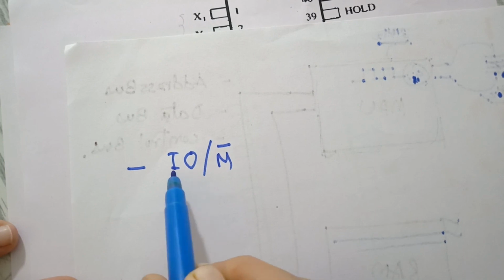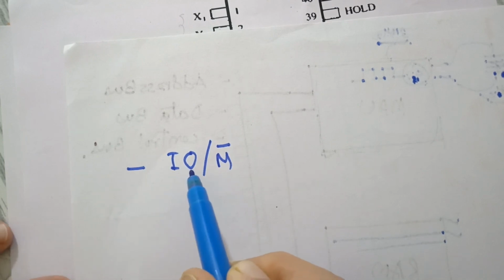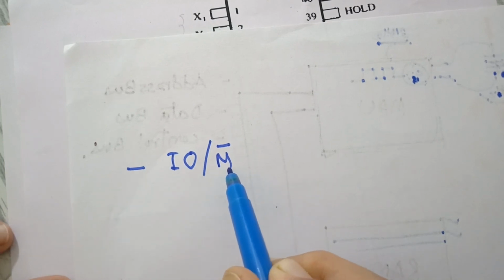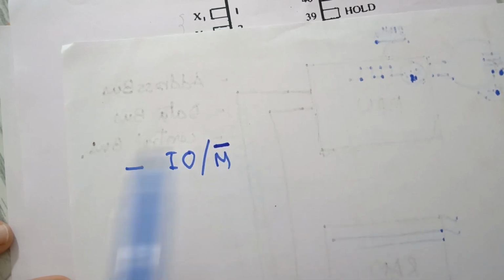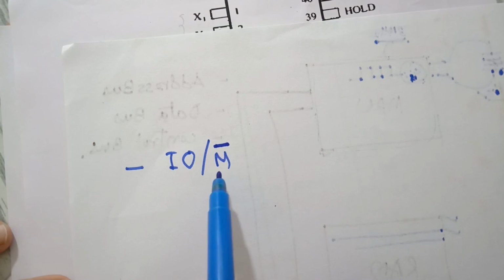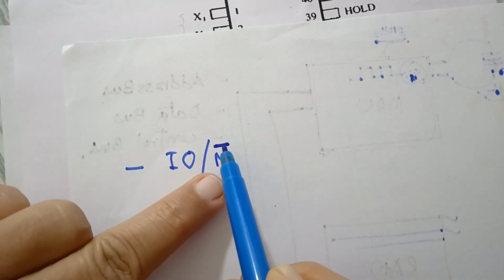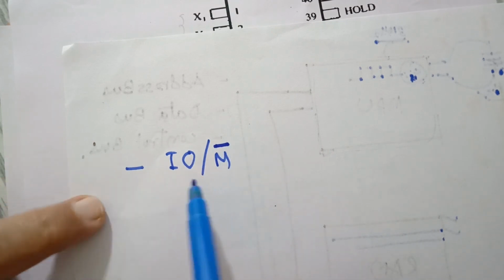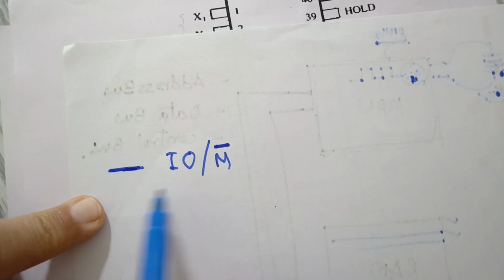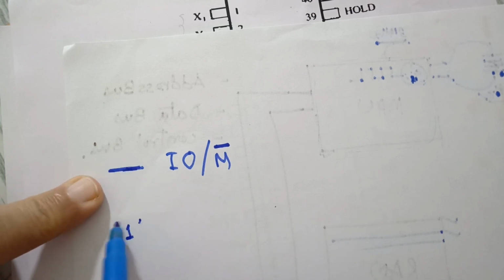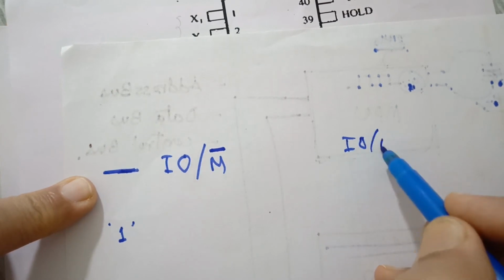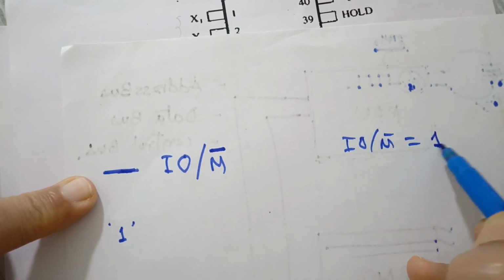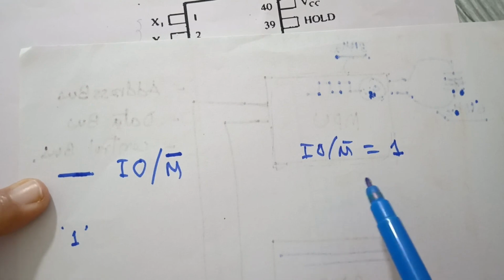You see the name: IO stands for input output, and M stands for memory, and a bar is on M. And just now I told that when there is a bar, for this operation the pin should be low. So when the IO/M bar pin is 1, high, what does it indicate?